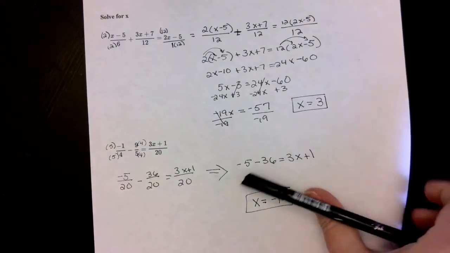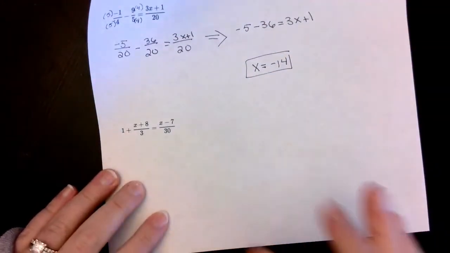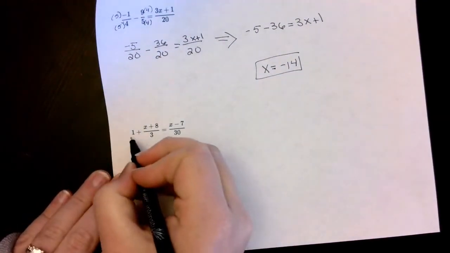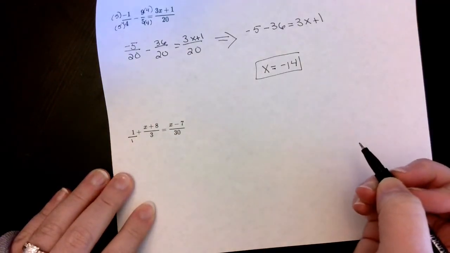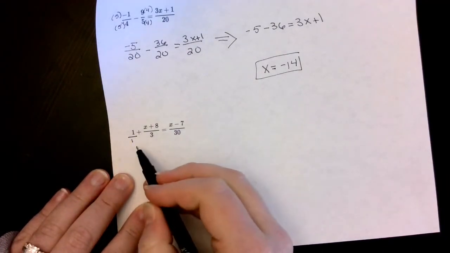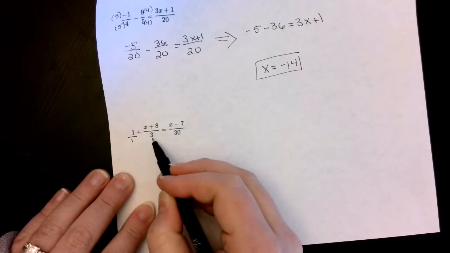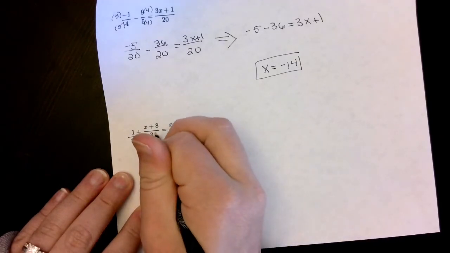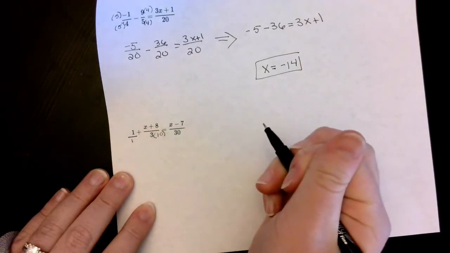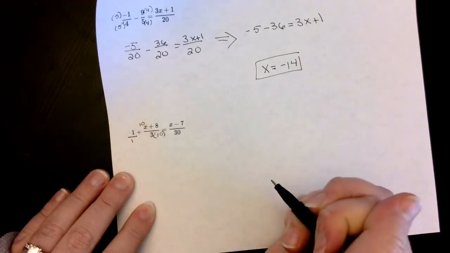All right, one last example to try together. First thing is to always put everything into fraction form, so that would just be 1 over 1. I then have to figure out the least common denominator, and 30 is a multiple of 3, so I'm going to make all my denominators 30. I can multiply this guy by 10 to get 30, which means I need to multiply its numerator by 10.